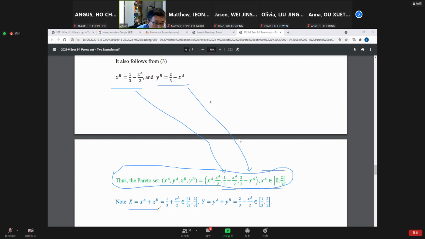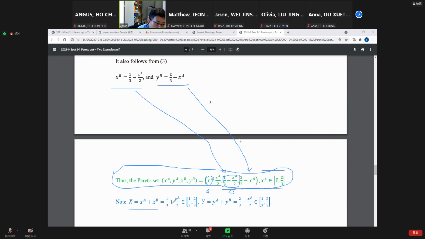How much we get is this one plus this one, this is XA, this is XB. So this term plus this term altogether clearly equals 1/3 plus this is the positive single XA, this is the negative half.